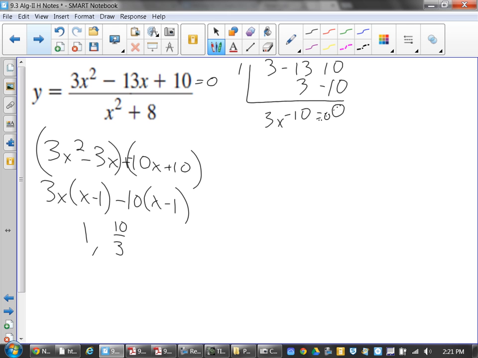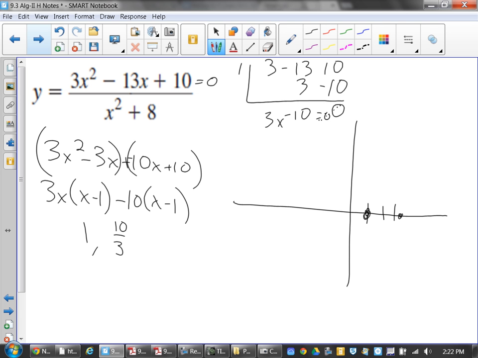It works the same way. Some people like to do it that way because it's faster. So you have 2 zeros, so you have 2 x-intercepts, at 1 and 10 thirds. That's a smidge more than 3.